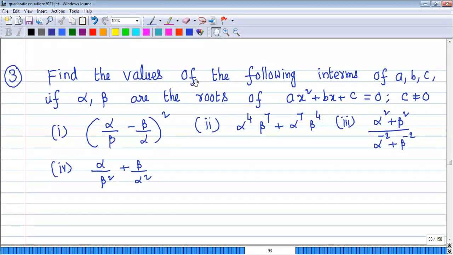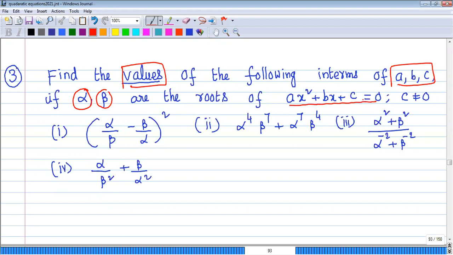Okay. So first, let us discuss this question. We need to find the values of the following in terms of a, b, c, provided alpha, beta are the roots of ax square plus bx plus c equals 0.